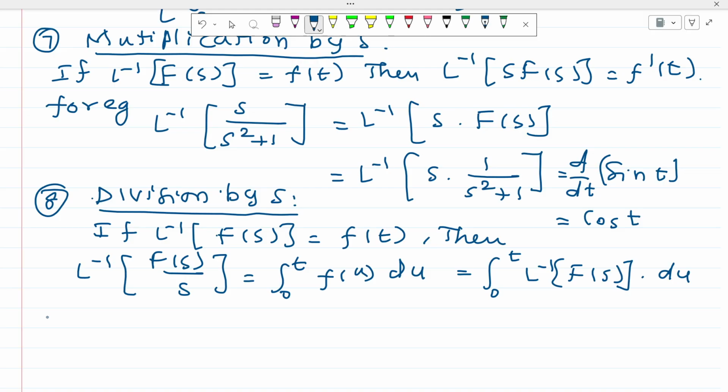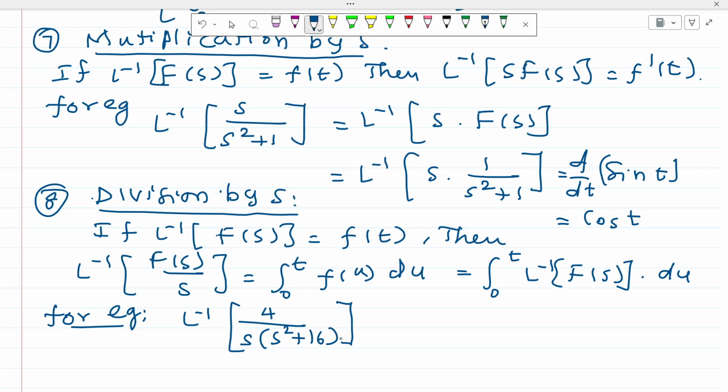We can even write one example. For example, L inverse of 4 divided by s into s square plus 16. Actually, how can we do this one? If you are not able to remember that formula, you have to do it by the partial fraction method, A by s plus (Bs plus C) divided by s square plus 16.